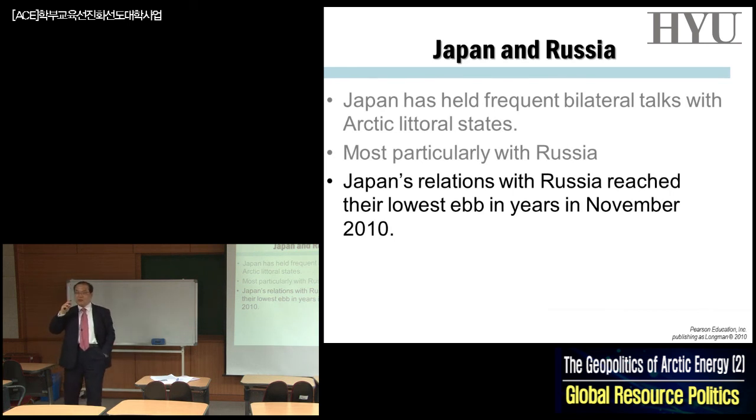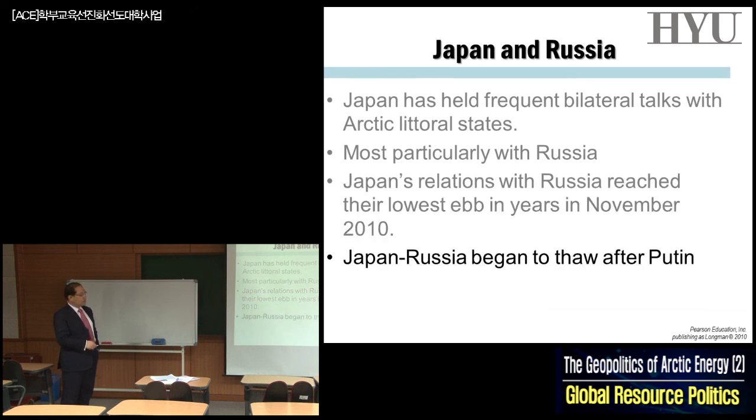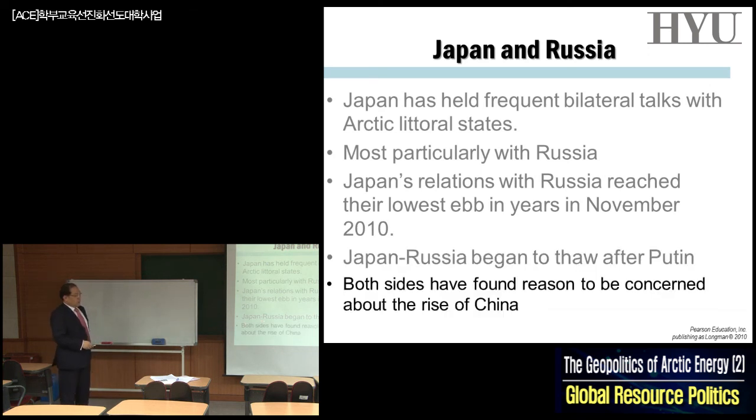Then he made sure these islands are Russian islands. Because of that, Japan and Russia had bad relations. But things began to change. After Putin came in, Putin knows the importance of Japan, and both of them share concerns about the rise of China.